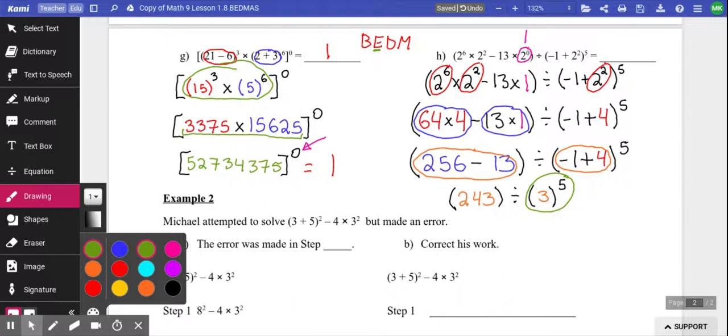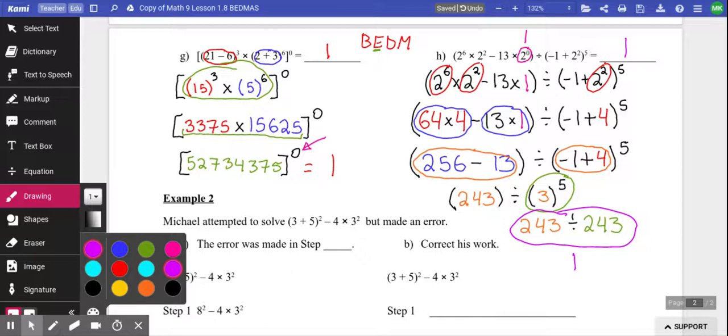So this will become 243 divided by 3 to the power of 5, which is 243. And then you can finish off with any division or multiplication. We have one division. 243 divided by 243 is 1. So it all equals 1.